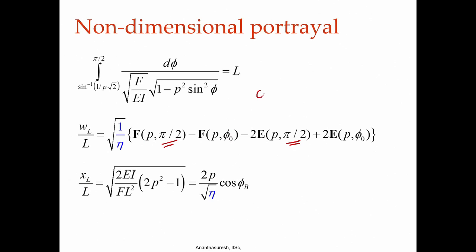In this lecture, that phi naught we are denoting as phi b, because the 0 corresponds, in this presentation, to where phi becomes 0, which is actually theta equal to minus pi by 2. So, this is for going complete L, both horizontal and transverse W L.